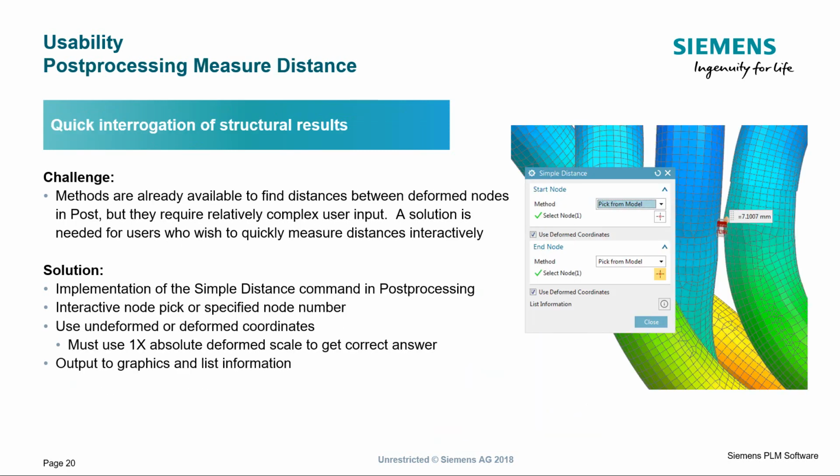We can now make simple distance measurements in post-processing between nodes. One thing to keep in mind, if you want to get the actual distance, you need to select a 1x absolute deformed scale in order to get the correct answer.